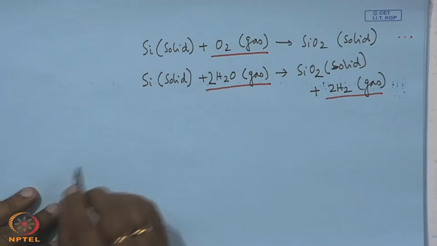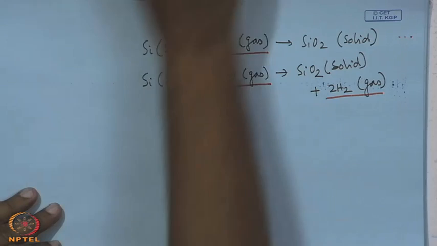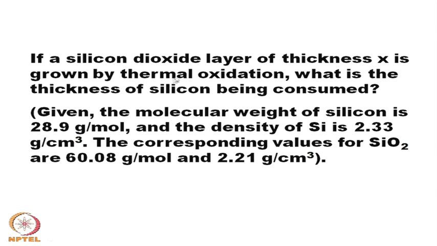Now, let us consider this problem: if a silicon dioxide layer of thickness x is grown by thermal oxidation, what is the thickness of silicon being consumed?